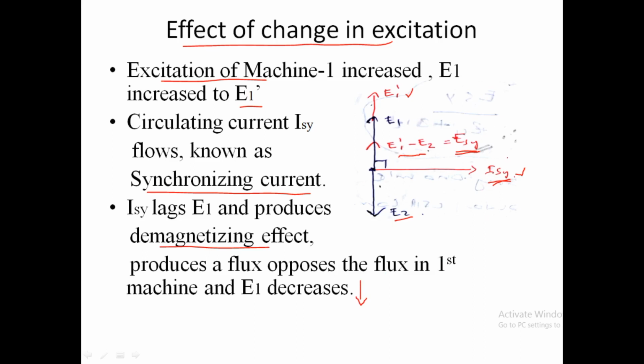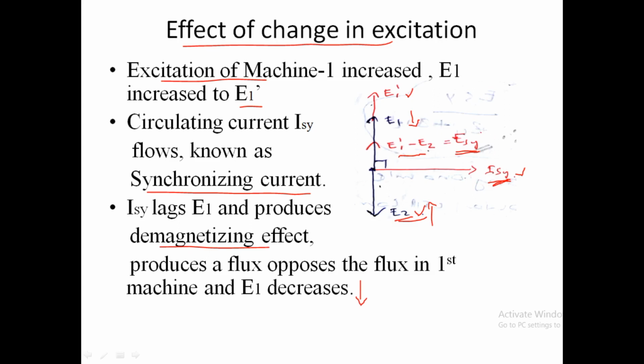Similarly, ISY leads E2 by 90 degrees. That means ISY produces a magnetizing effect for E2; the flux produced by ISY aids the main flux in the second machine, so E2 increases. Both happen: E1 decreases and E2 increases. At some point the EMFs become equal again, so it is automatically adjusted.